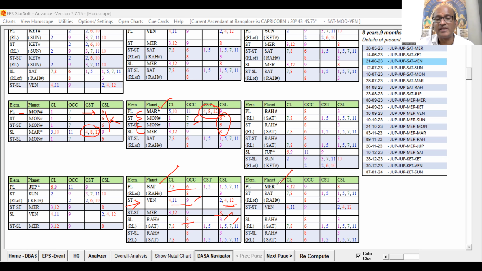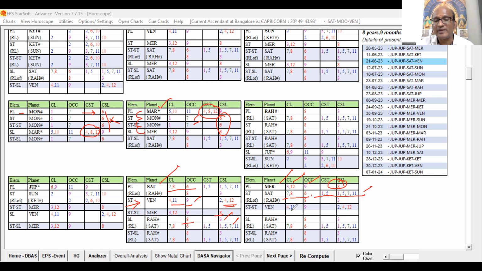Now, here if you take Mercury, Mercury's source is okay. Star level is 7th Lord, 8th Lord, occupying 6th house, not good, but 6 is further reduced by 1, 5, 7, 11. 7th house is supported by Star Lord and sublord.